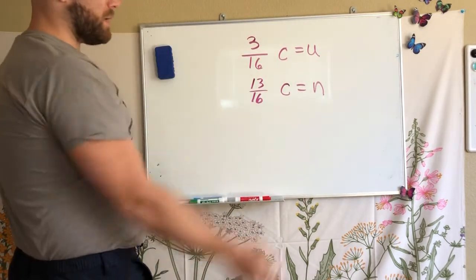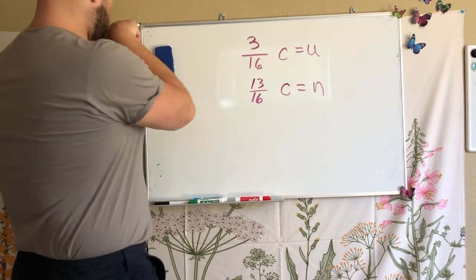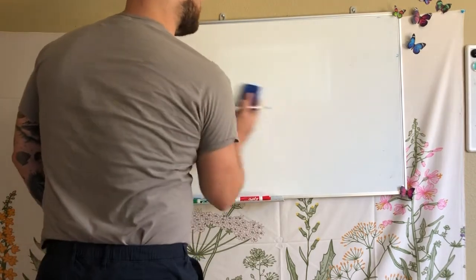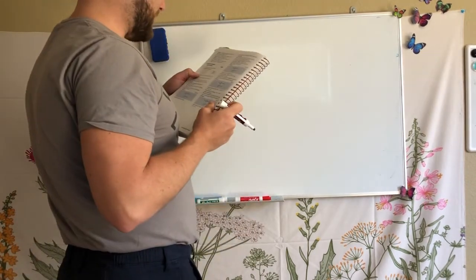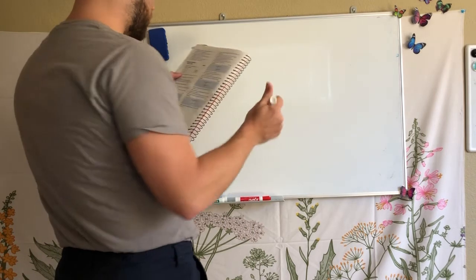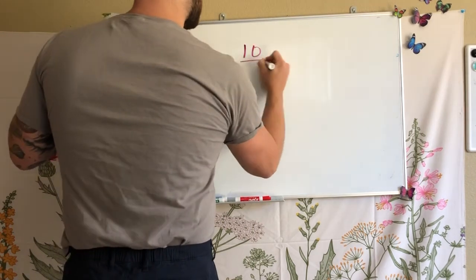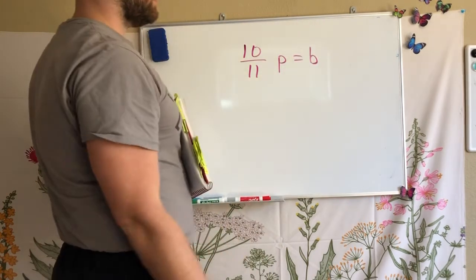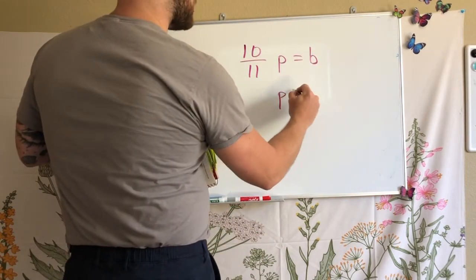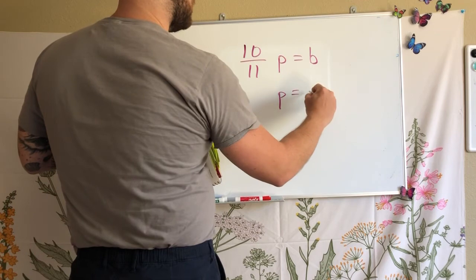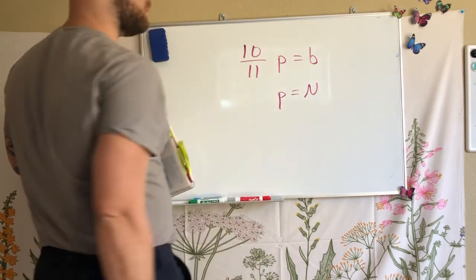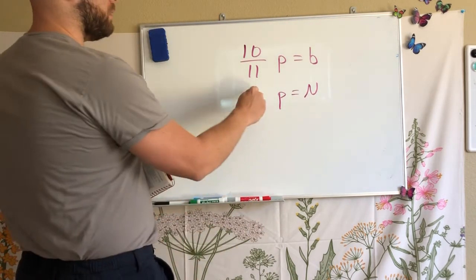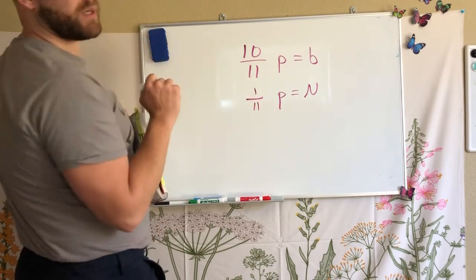So all you're doing right now is just writing out these equations. And D, 10/11 of the papers were blank. So how many of the papers were not blank? 1. One person not doing their work.